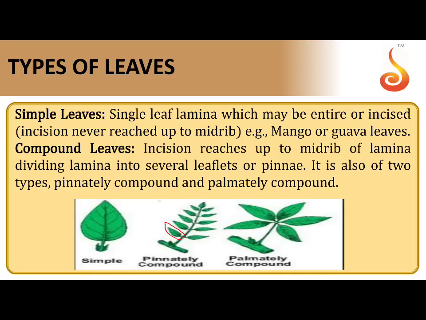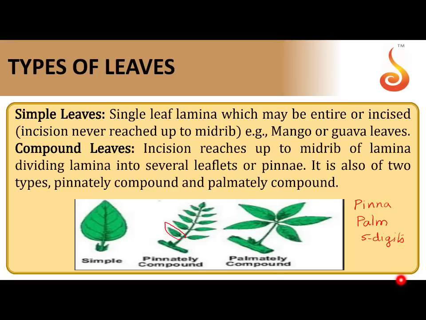Now, compound leaves are of mainly two types. One is pinna-like and the other is palm-like. Both the parts we have in our own body. We have two ear pinnae and we have two hand palms. In palm we have 5 digits, right?